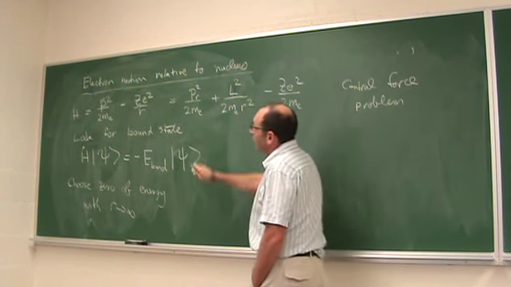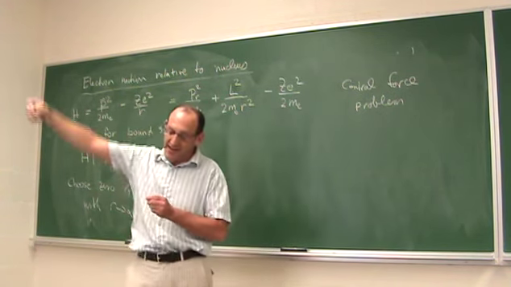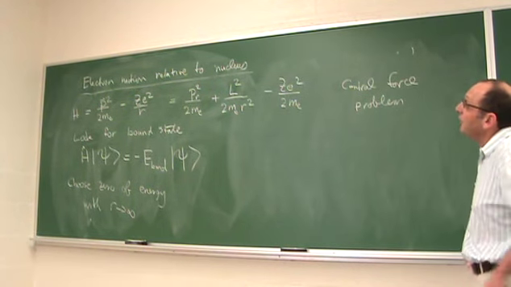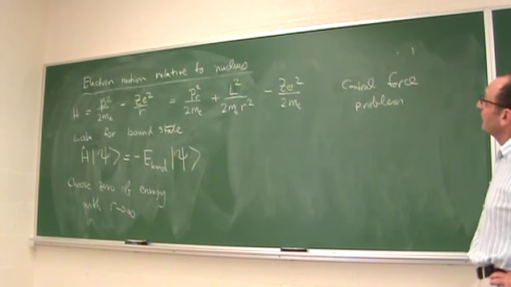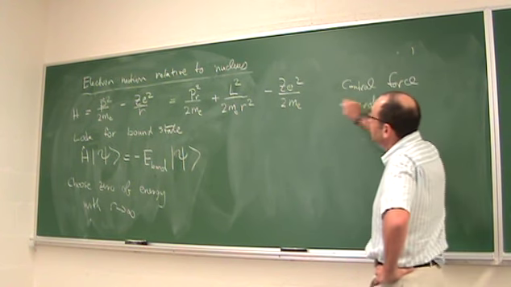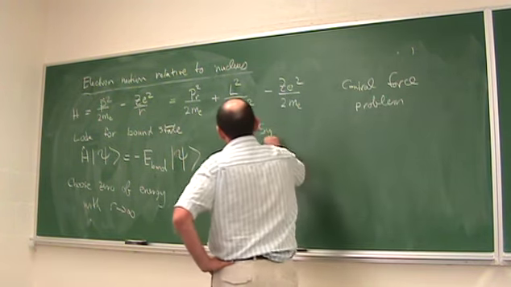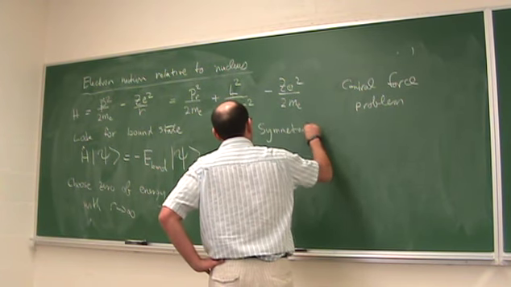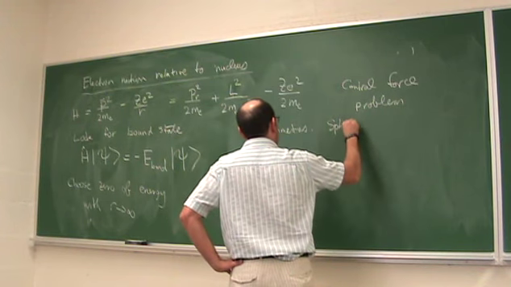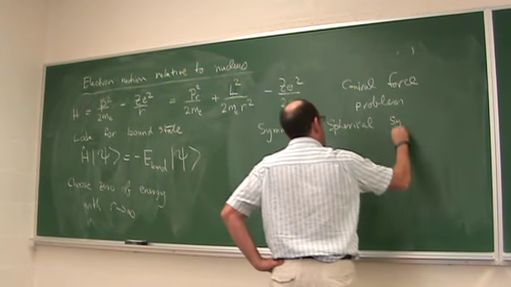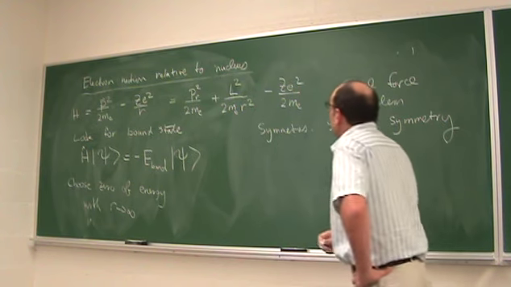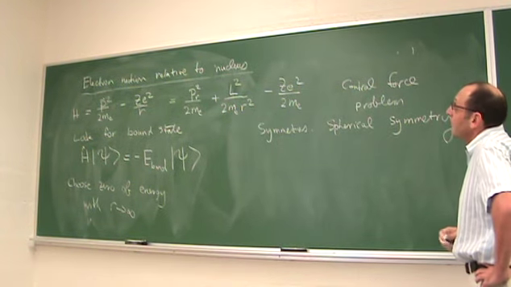Because the force only depends on the distance from the origin and not the direction of the relative orbital. And because of that, we see some symmetries. In particular, there's spherical symmetry. So, what does spherical symmetry mean?